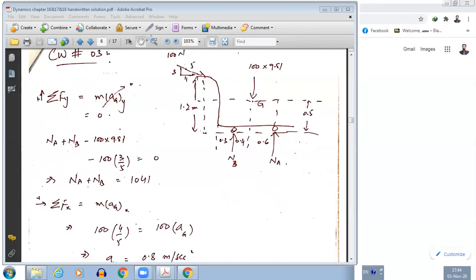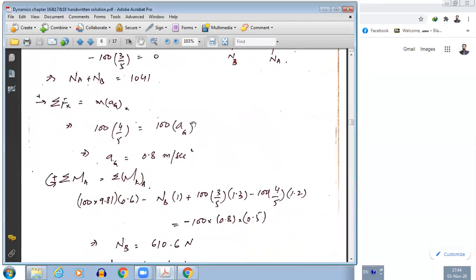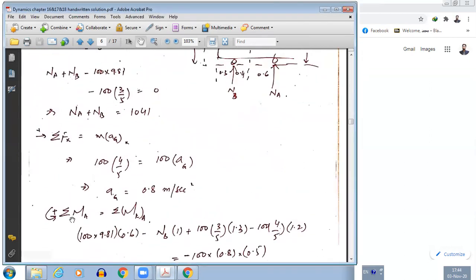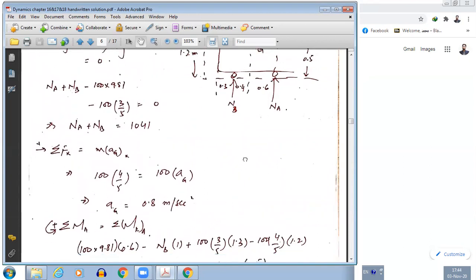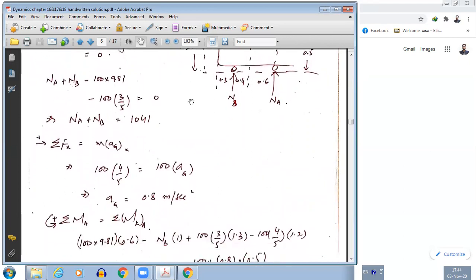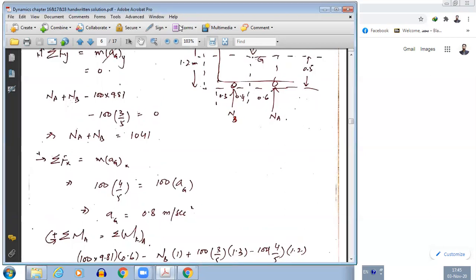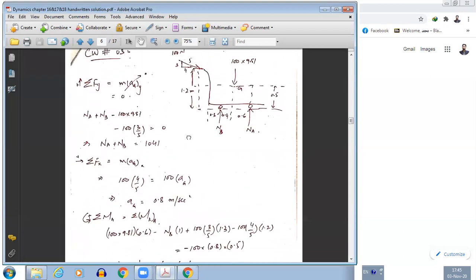So you can see the solution here. Let's say here we are taking the summation of moments at A. So summation of moment at A will be what? We have the weight which is acting at G. Okay, let me make it a little short.